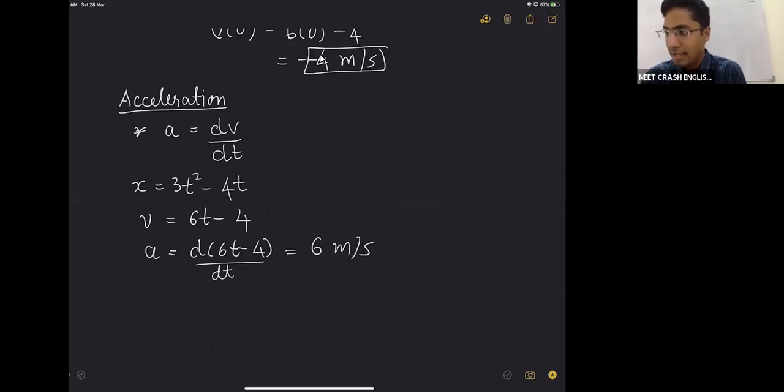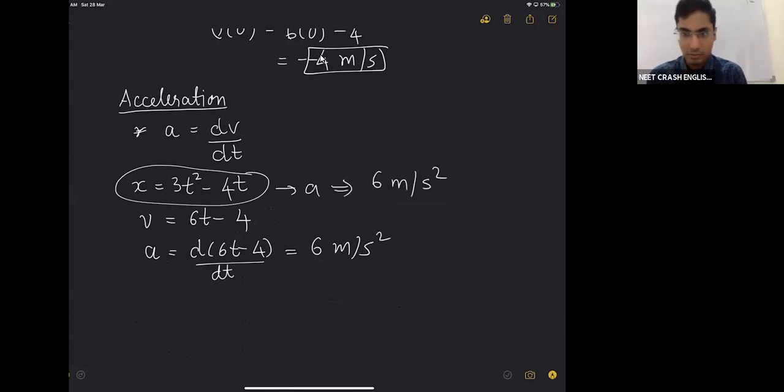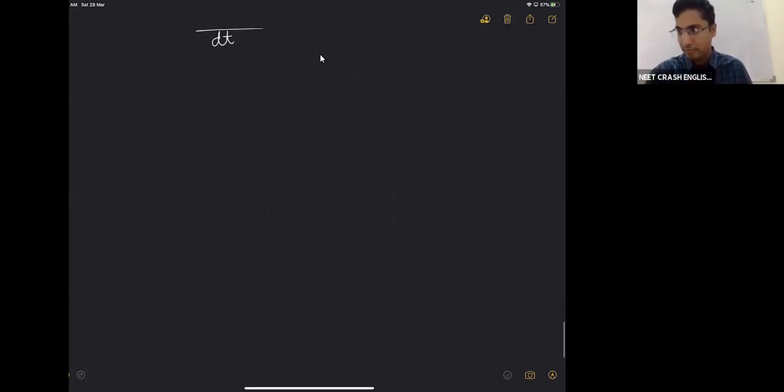So this motion has an acceleration of 6 meters per second square. That's the way you will compute acceleration. I hope this is very clear to you: algebraically, how do you find acceleration, displacement, and velocity? Let me now give you one more problem to judge your understanding of this.